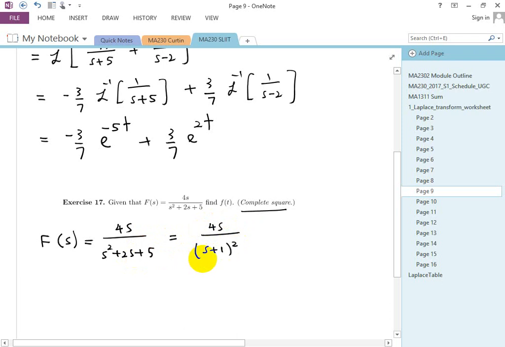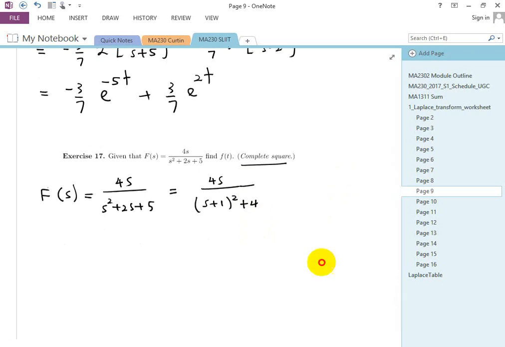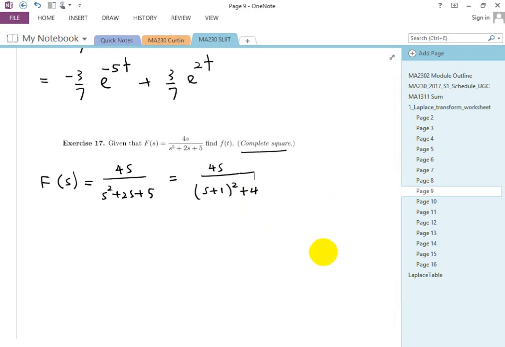So you have s squared plus 2s plus 1. So here you need to add 4. Okay, now let's come back to this question a little later.